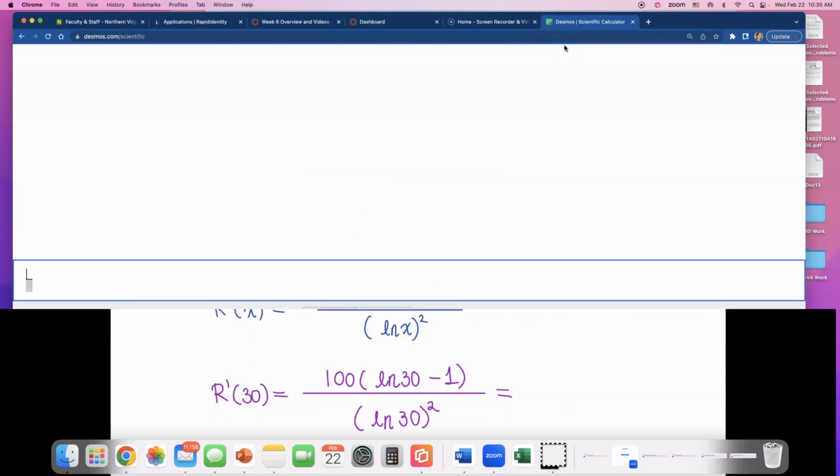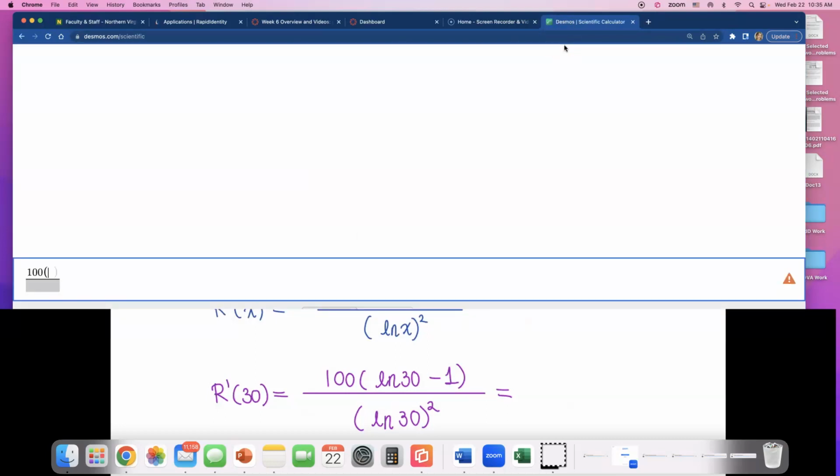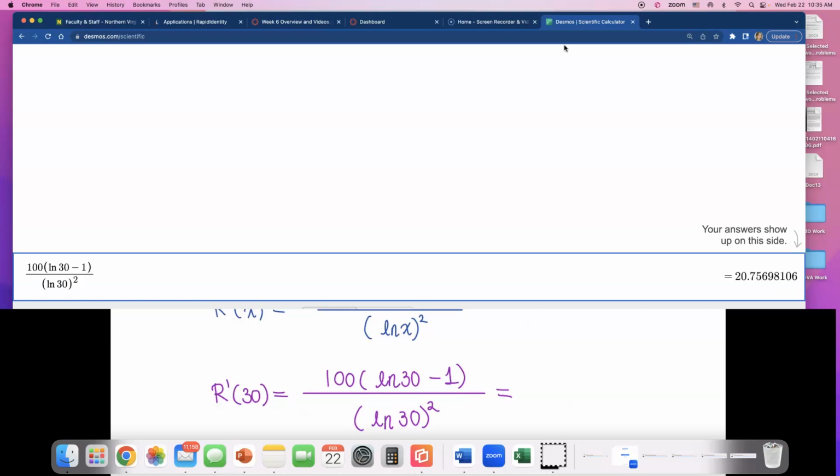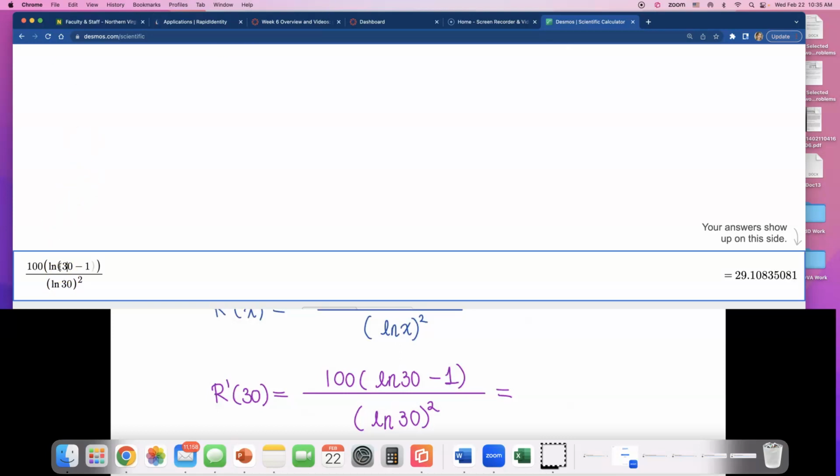So type in 100 times natural log of 30 minus 1, over natural log of 30 squared. So we found the answer. Give me one second, I'm concerned. Yes, this is correct.